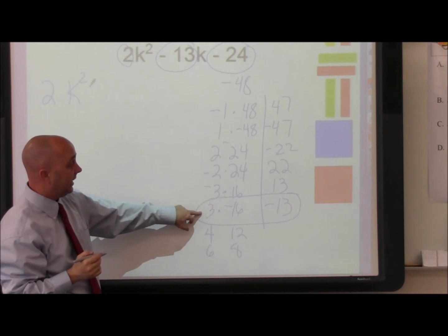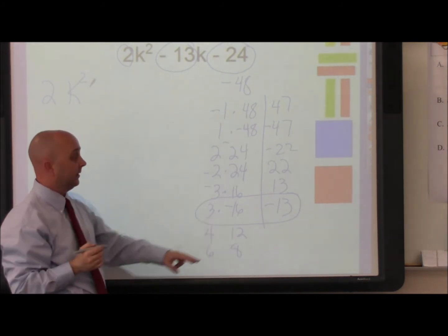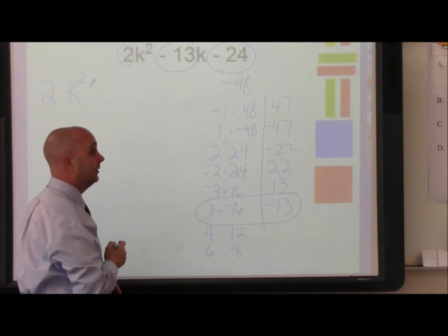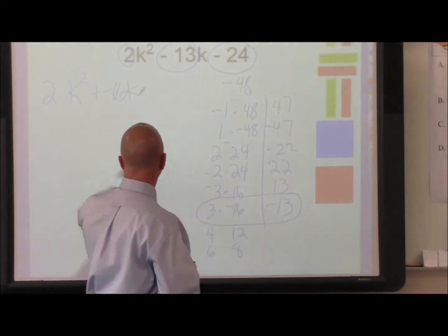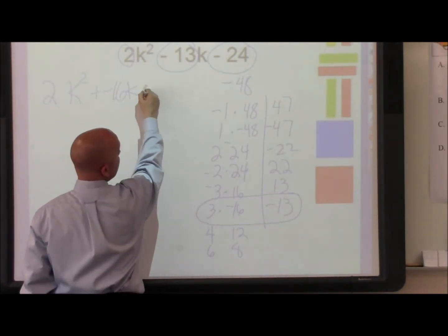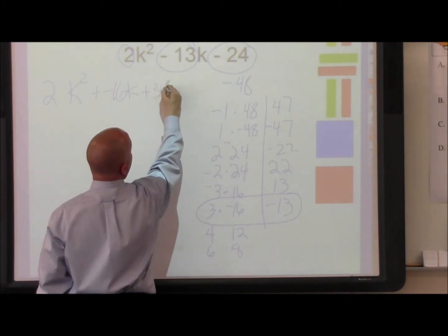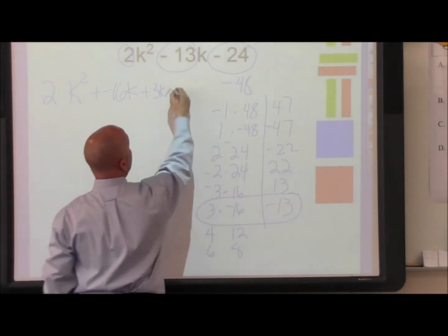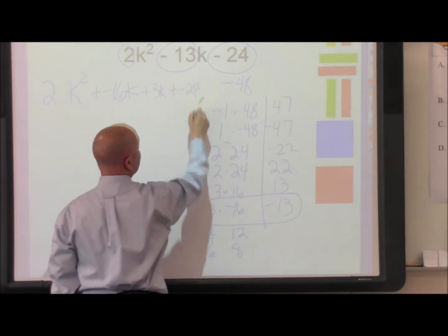I've got a 3k and a negative 16k. Now 3 doesn't have much to do with 2, so I'll put the negative 16k here, and a positive 3k here. Those two make negative 13k. And then I'll add the negative 24 to the end.